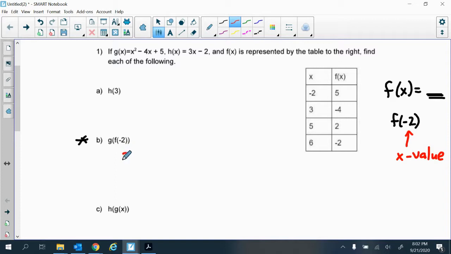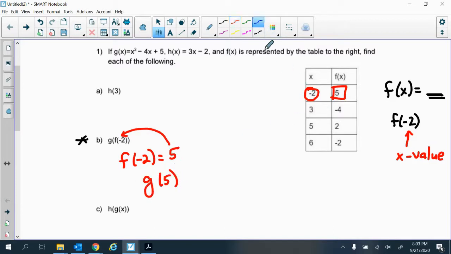So that means f of negative 2 is going to equal whatever the y value of f of x is at that value. So that equals 5. So that means I'm going to replace f of negative 2 with 5.